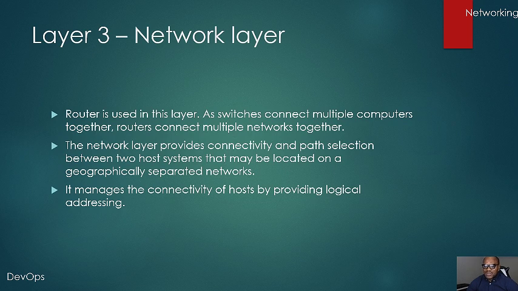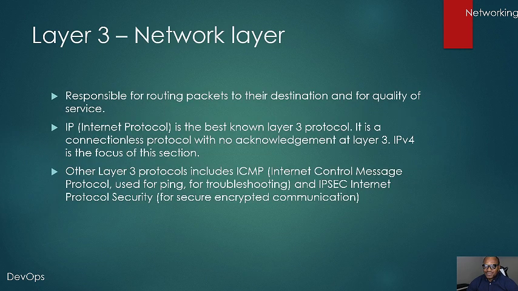So the network layer provides connectivity and path selection between two hosts that may be located on geographically separated networks. It manages the connectivity of hosts by providing logical addressing, and is responsible for routing packets to their destination and for quality of service. IP is the best known layer 3 protocol.